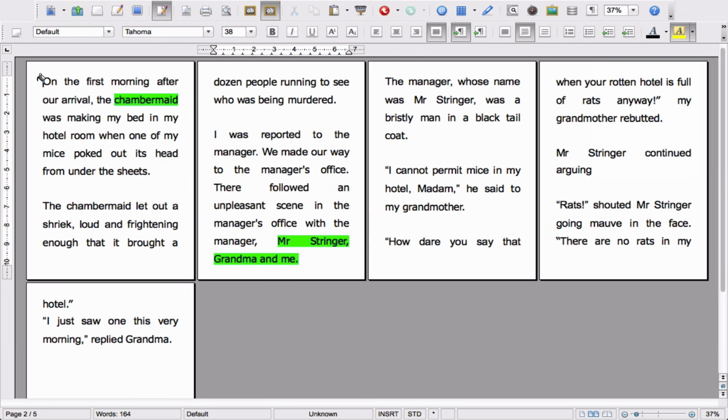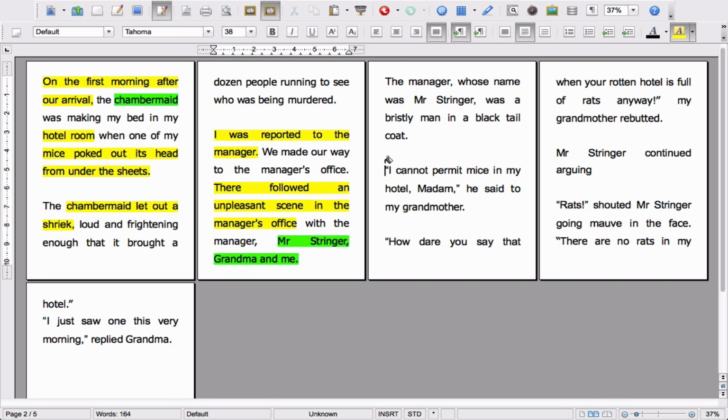On the first morning after our arrival, in my hotel, one of my mice poked out its head from under the sheets. The chambermaid who was attending let out a shriek. I was then reported to the manager. There followed an unpleasant scene in the manager's office with the manager, Mr. Stringer, Grandma, and me.